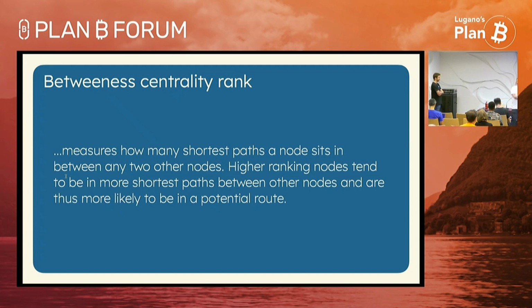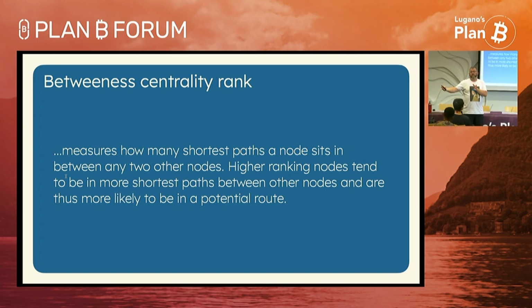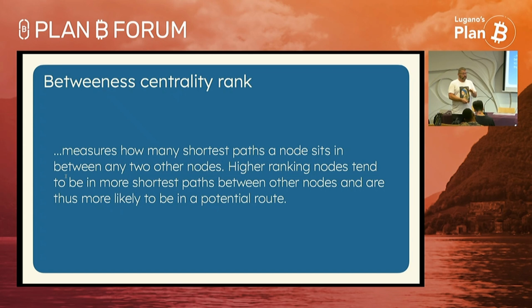It basically means it's a number determined from how many hops you have to the recipient node, the node who receives the payment. So the shortest path brings the highest rank.